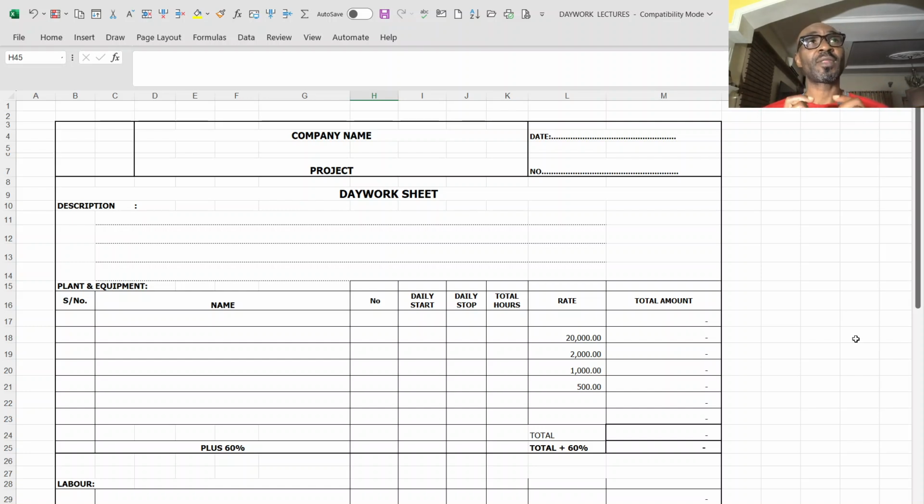Having said that, there are 5 things we need to have in mind when preparing Daywork sheets and what Daywork is all about.